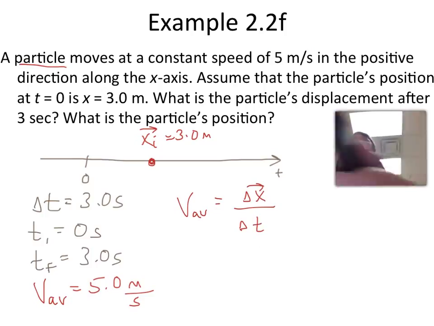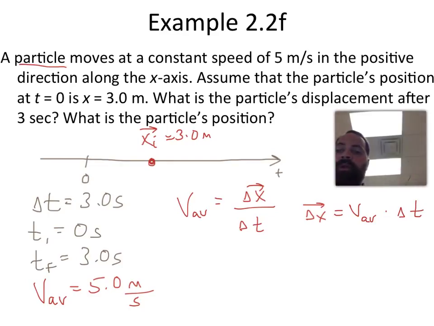If we're solving for displacement, delta x is going to be what? Well, if we wanted to get x isolated by itself, we take our t and bring it up and multiply it next to the average velocity. So that equals average velocity times our change in time, both of which we know.